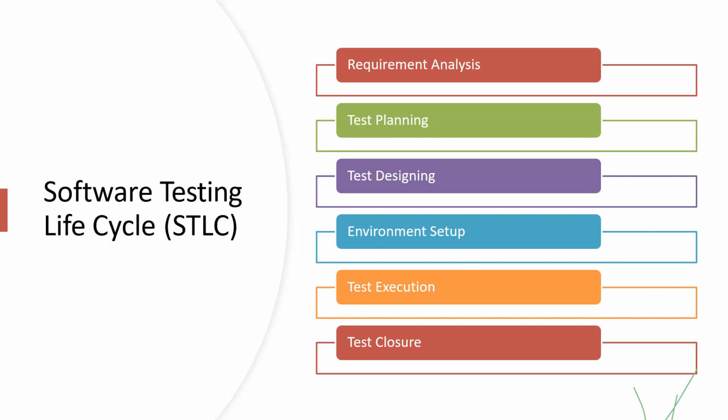We need different types of environments, software and hardware requirements to carry out testing activities, roles and responsibilities, and suspension and rejection criteria, risk and mitigation plan, entry and exit criteria, and then test closure activities, how we are going to close or certify the product. So all these things will come under a test plan.